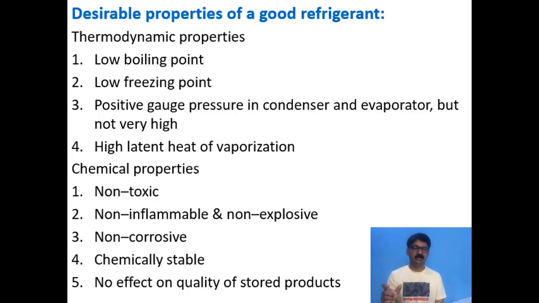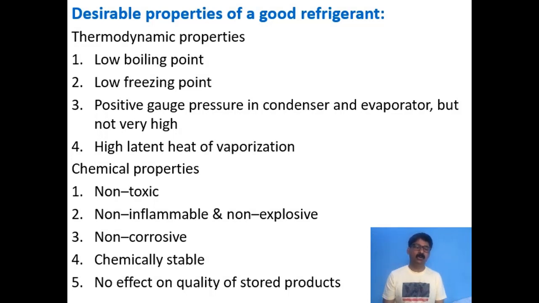Just imagine, the latent heat of vaporization of water is 2000 plus kilojoules per kg. That means whenever a liquid refrigerant evaporates, it will absorb more heat, and similarly when it is condensed, it will give out more heat. That is why the refrigerant should have a low boiling point.